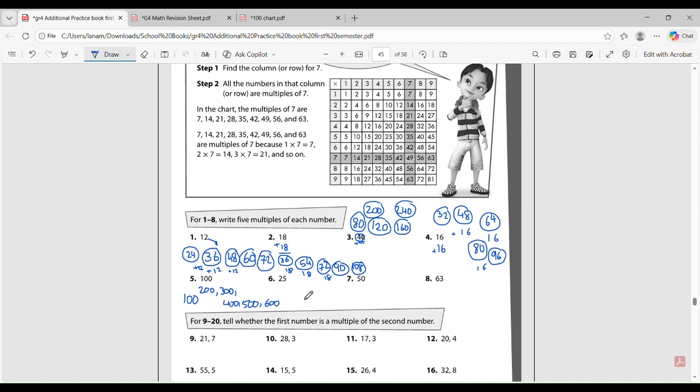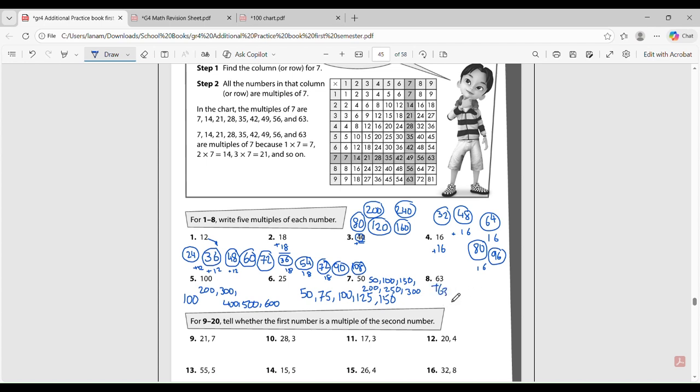Now 25, I have 50, 75, 100, 125, 150. Now for number 50, we have 50, 100, 150, 200, 250, 300. Skip counting by 5.